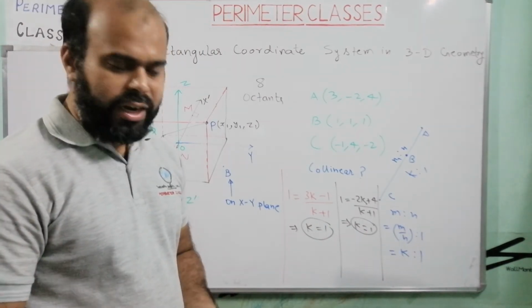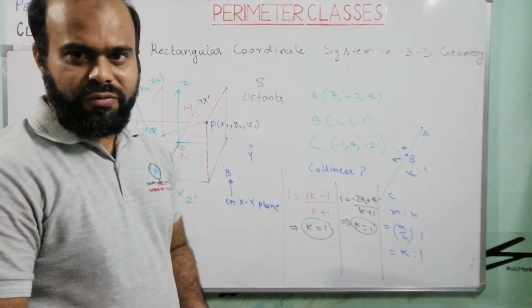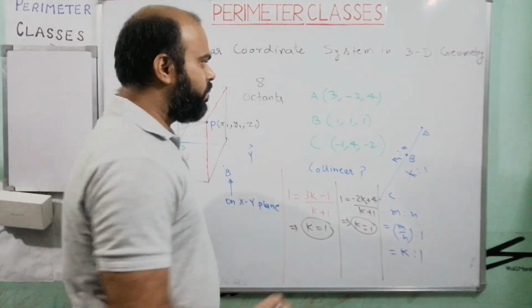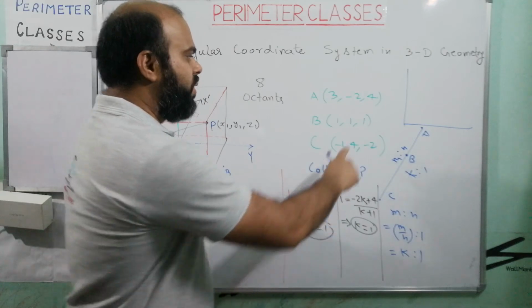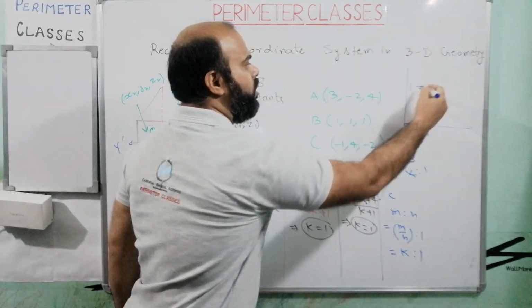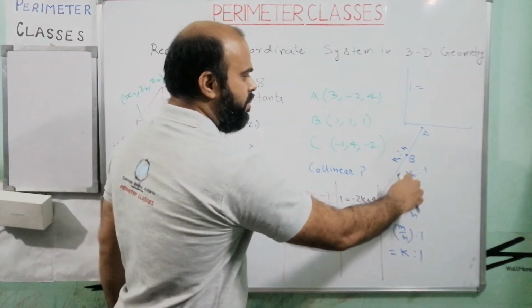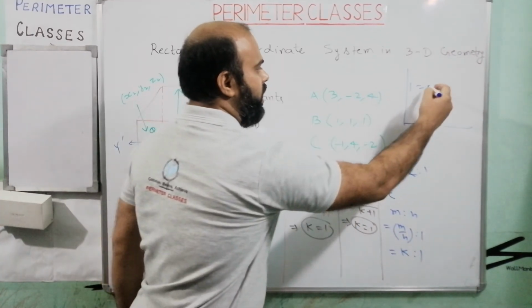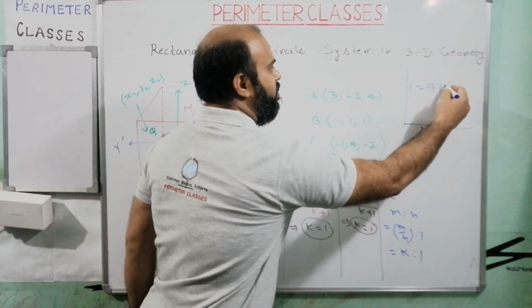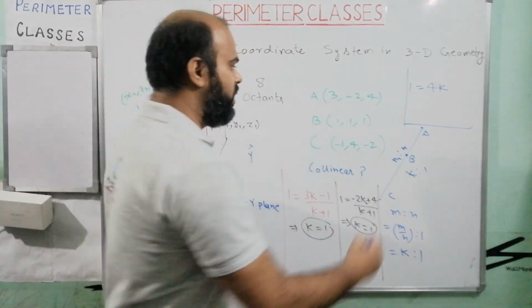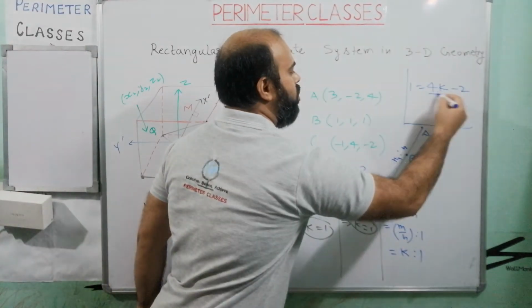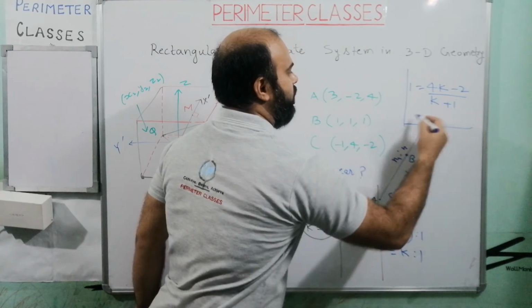Till now we are on the correct part. Let us check for the final coordinate, which is z. So for the z coordinate, we will take 1, which is the z coordinate of B, equal to k multiplied with the z coordinate of A, that will become 4k, and 1 multiplied with the z coordinate of C, which is minus 2, upon k plus 1.